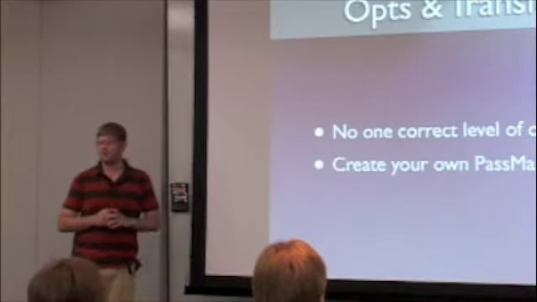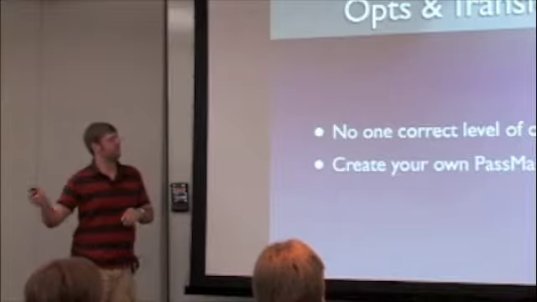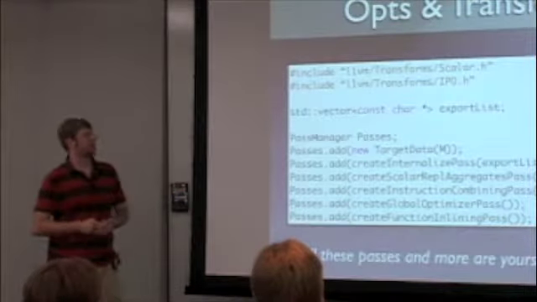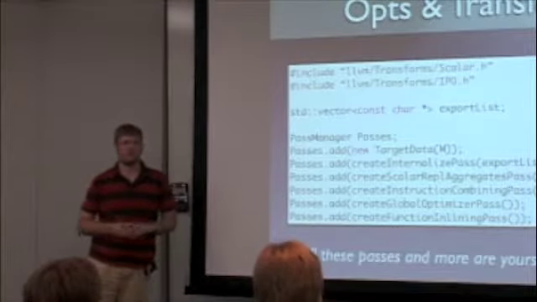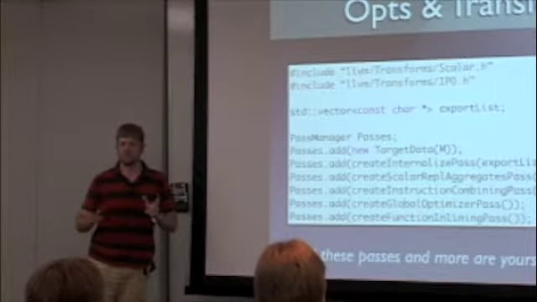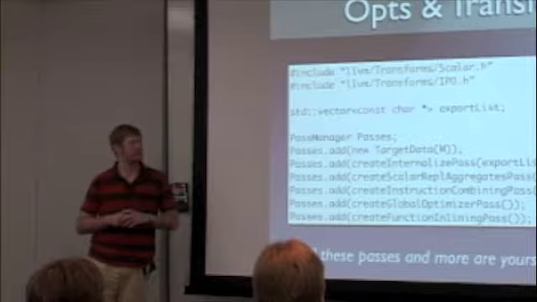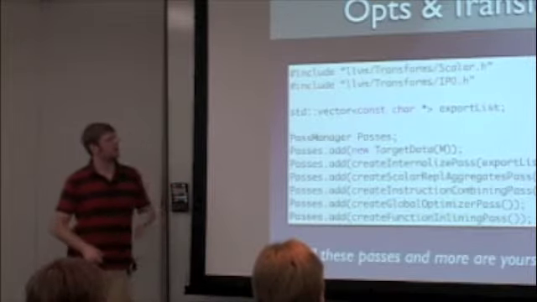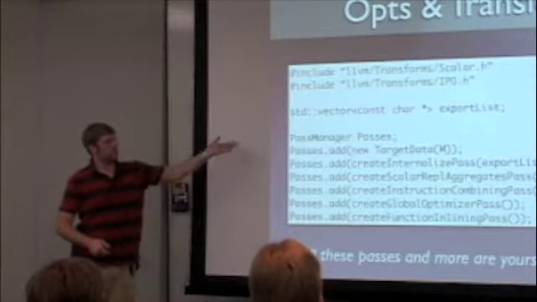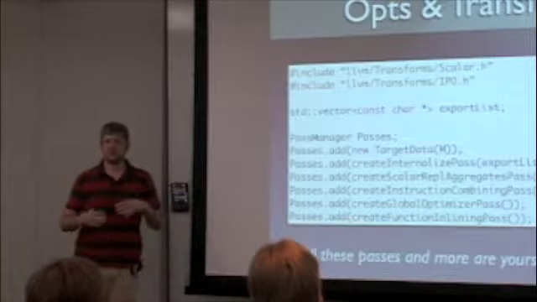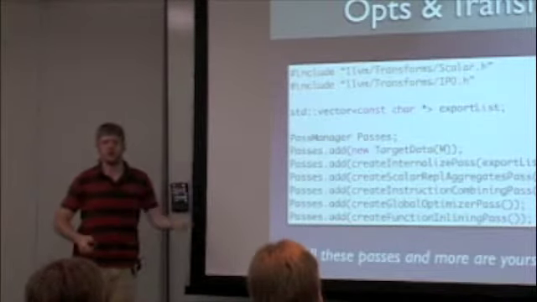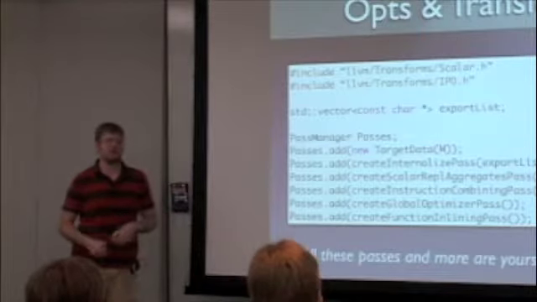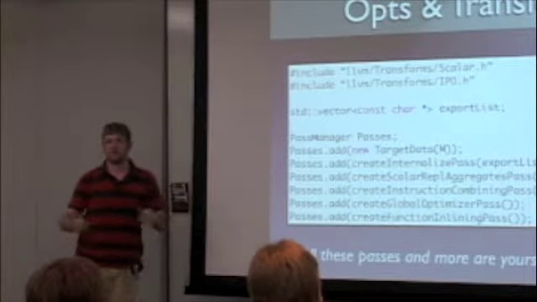The way we run passes in LLVM is with a pass manager, and it looks something like this. So here's some common passes that most JITs are probably going to want to run unless you've done a significant amount of optimization offline. You see we just declare a pass manager here on the stack. Basically what it does is it enforces an ordering and makes sure that if your pass needs dominance information or whatever, that goes and gets calculated before the pass is run.